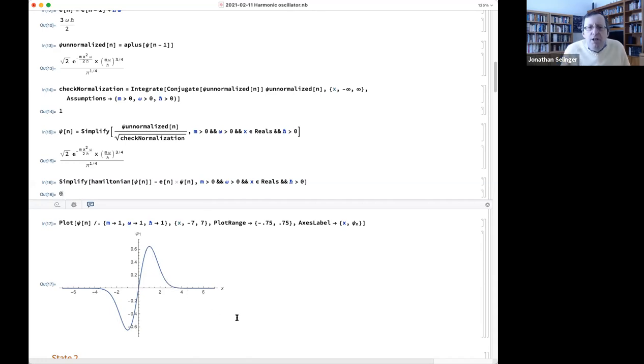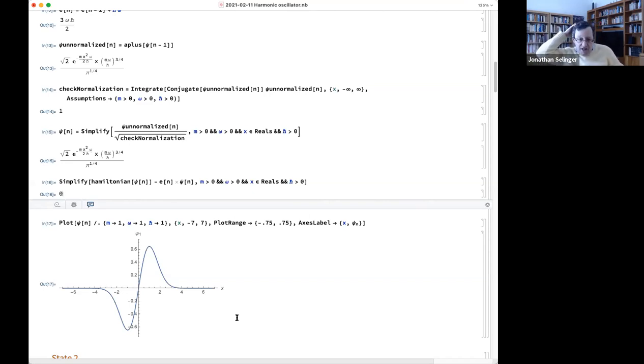You can compare this with the first excited state, that is the second lowest energy state for the particle in a box. You remember that one: it's zero, and then it has a negative peak, and then it goes to a node right in the middle, and then it has a positive peak and comes back down.